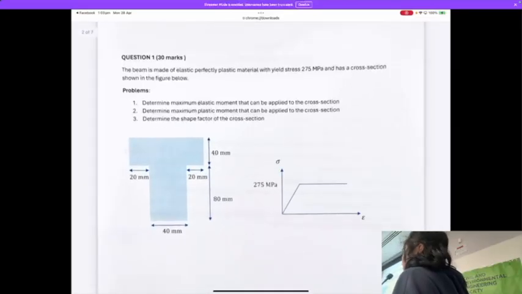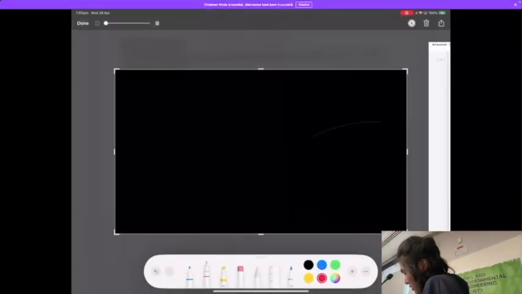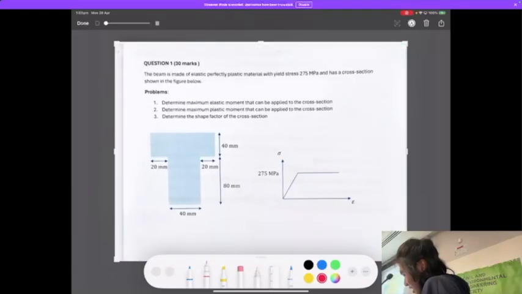Plastic moment is essentially, I can explain it. The difference between plastic moment and normal yield moment: you have My and you have Mp. Basically, this is a stress strain diagram.